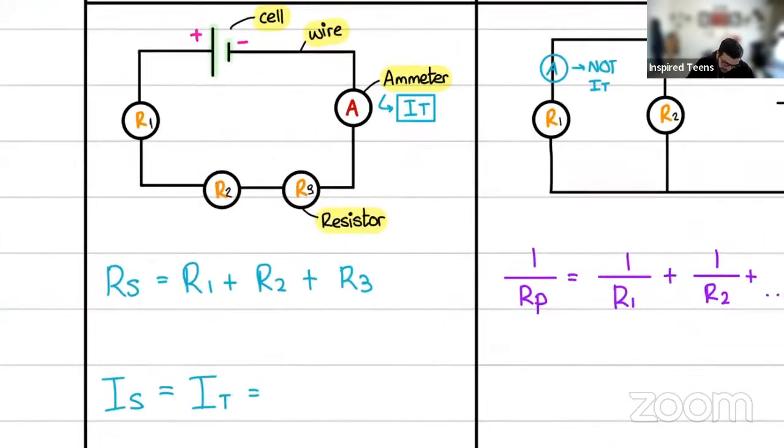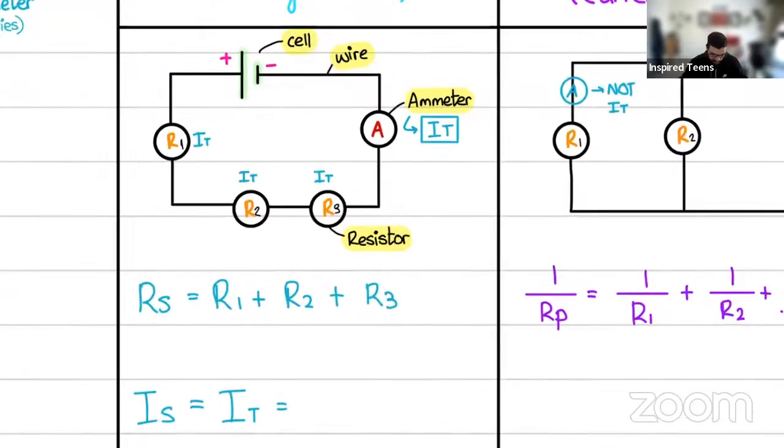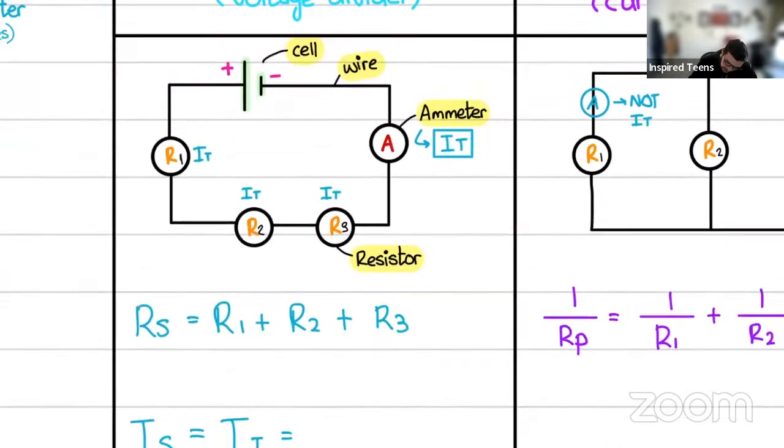And the other thing is that every single resistor that's connected in the series part of the circuit, they all use the same current. And what current is that? I total. They all use the same current. Essentially what happens, let us discuss it. It's a perfect time to discuss this.